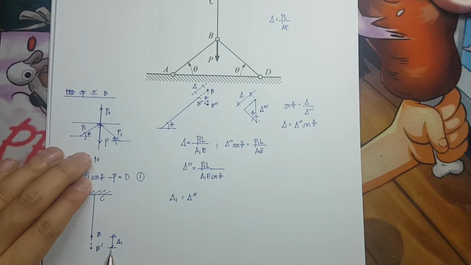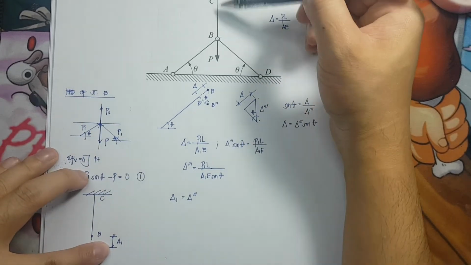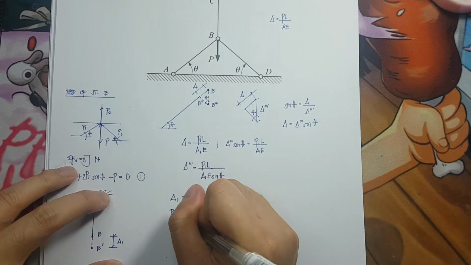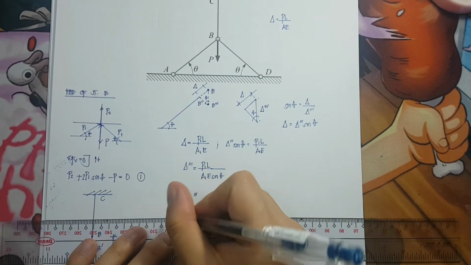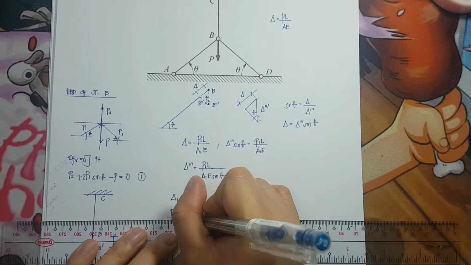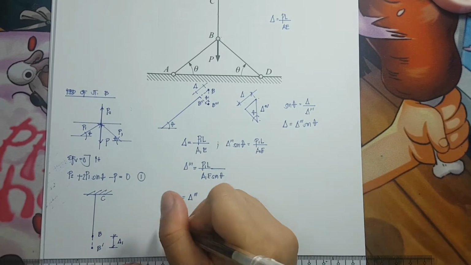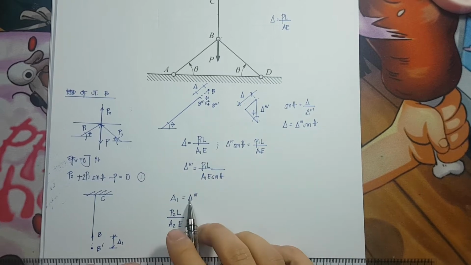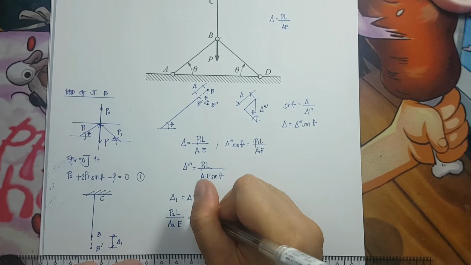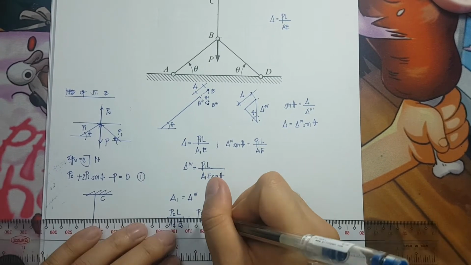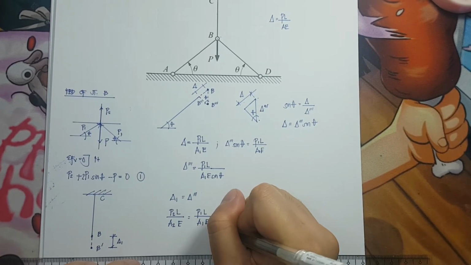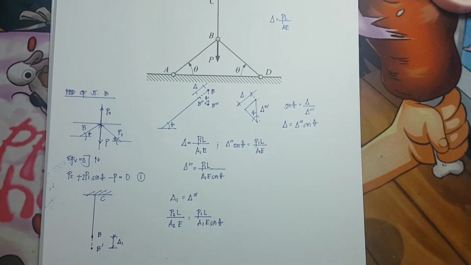Delta 1 is P2 L over, do we have the same area? No, no, no. So we have area 2 times E is equivalent to what is delta triple prime? We have P1 L1 over area 1 E sine theta.